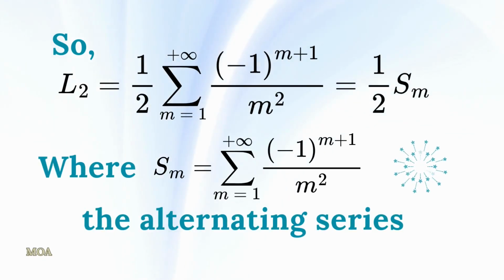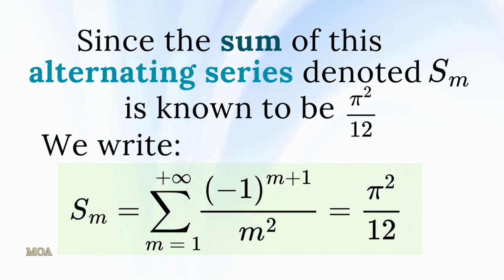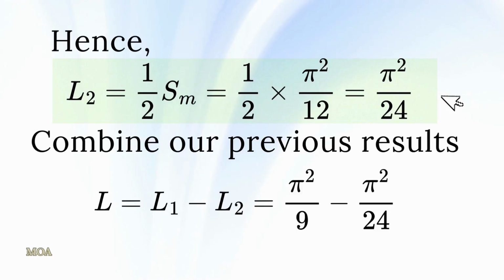So, we can also express L₂ as 1/2 · S, where S denotes Σ from m = 1 to ∞ of (−1)^(m+1)/m², an alternating series whose sum is known to be π²/12. Hence, L₂ = 1/2 · π²/12 = π²/24.